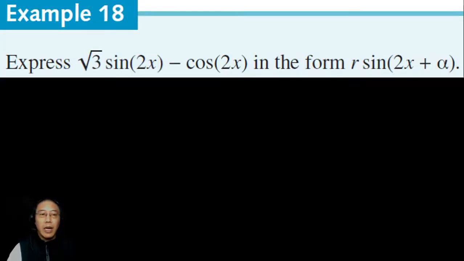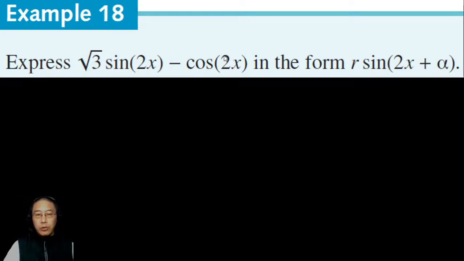All right, last example. So you have your expression, and you need to express it in terms of sine.